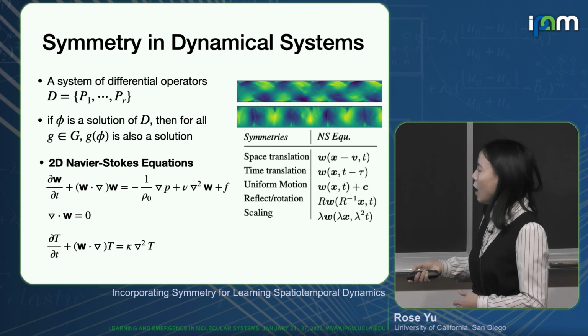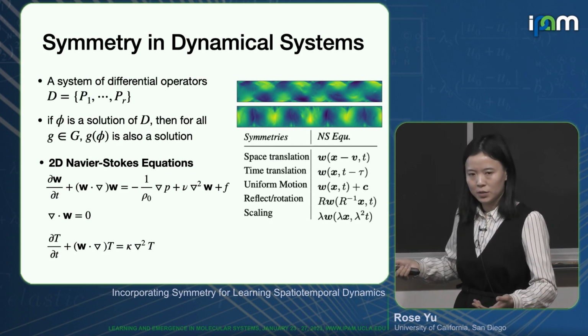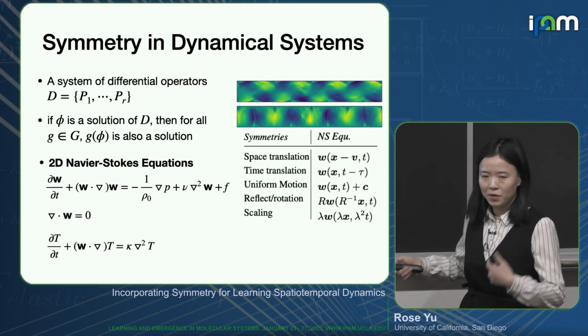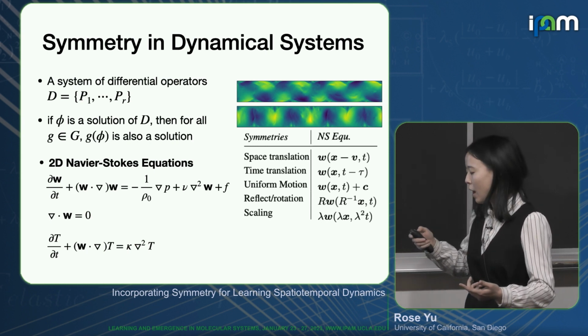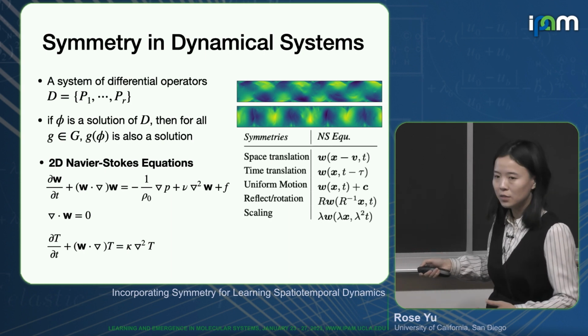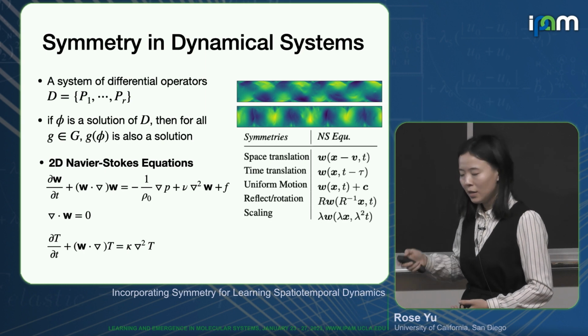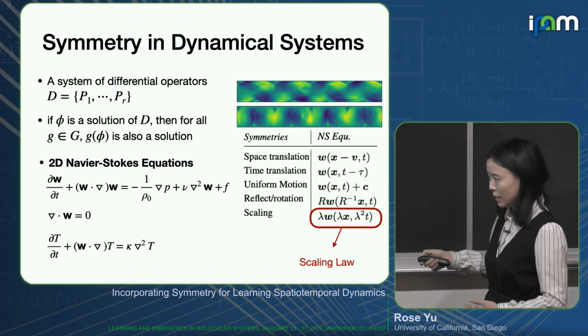In this paper, we give different ways to design equivariant networks for different symmetries in differential systems. But here I just want to give you one example to illustrate how we can utilize the unique knowledge from differential equations to design equivariant networks. Let's say we focus on the symmetry of scaling.